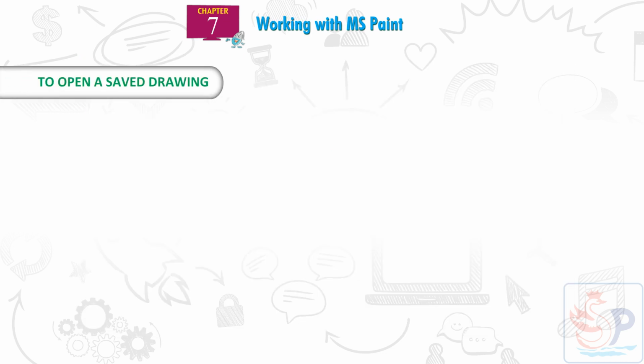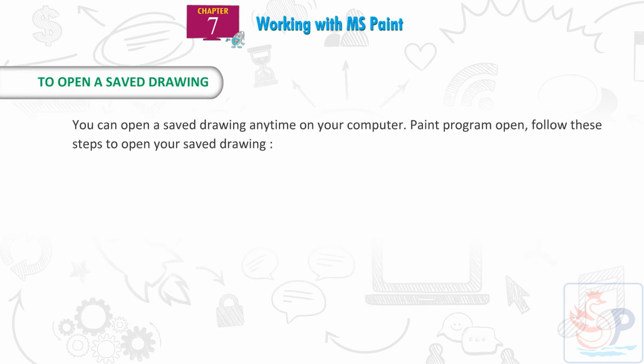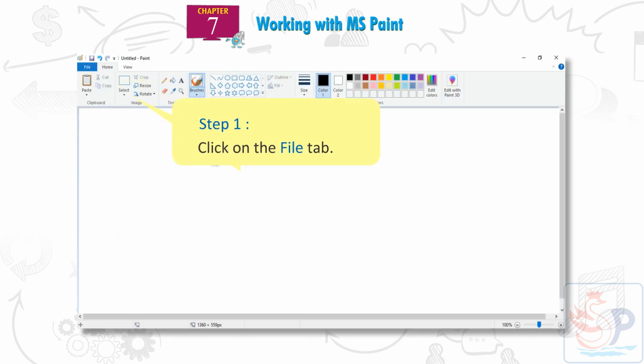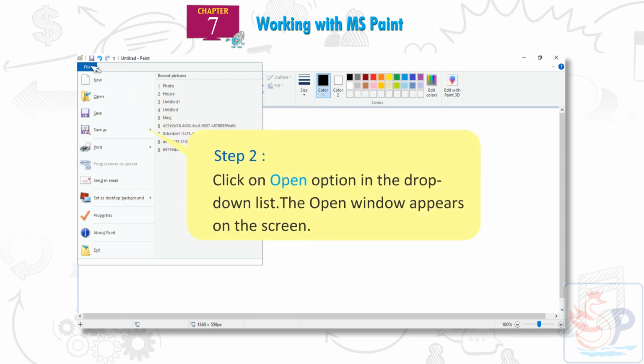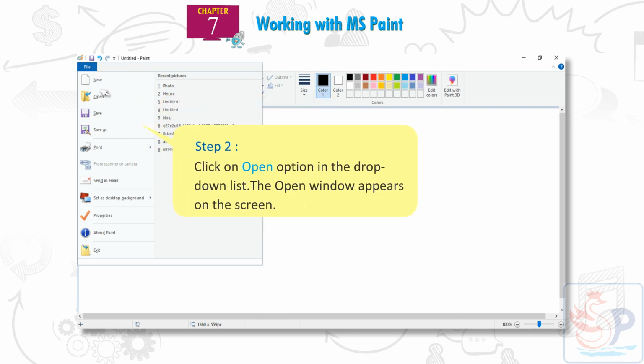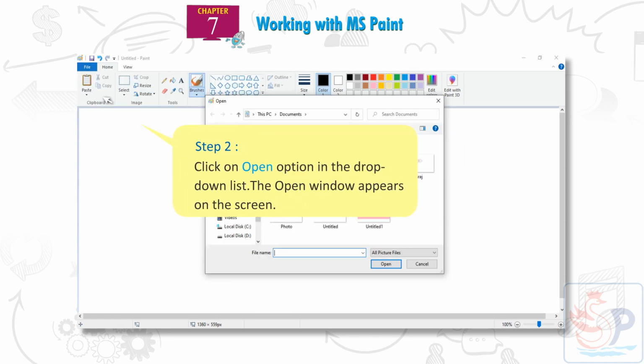To open a saved drawing, you can open a saved drawing anytime on your computer. Paint program open. Follow these steps to open your saved drawings. Step 1. Click on the File tab. Step 2. Click on Open option in the drop-down list.